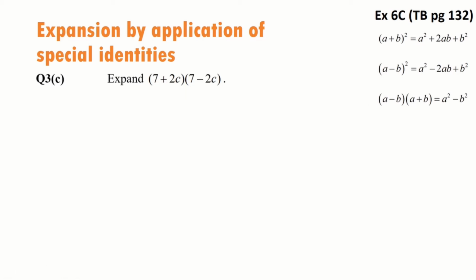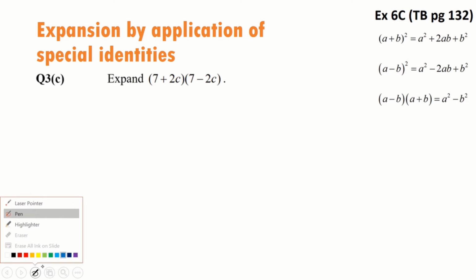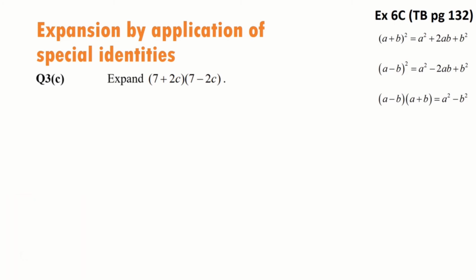Now let us take a look at question 3c. I want you to be able to take a look at this question and identify which identity we should be using, and then for that identity, what is the A and what is the B? Are you able to identify which identity it is?